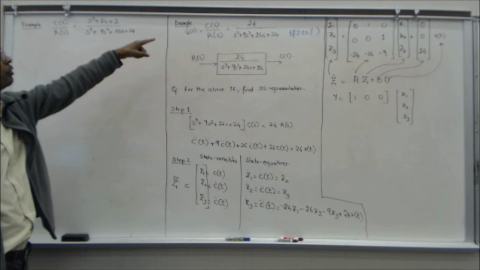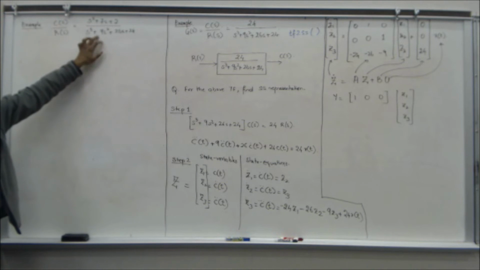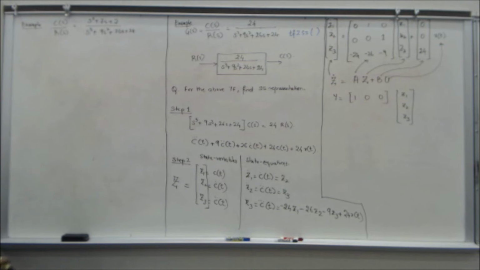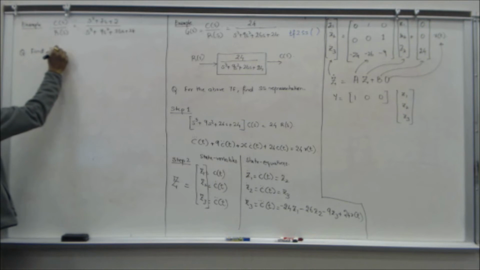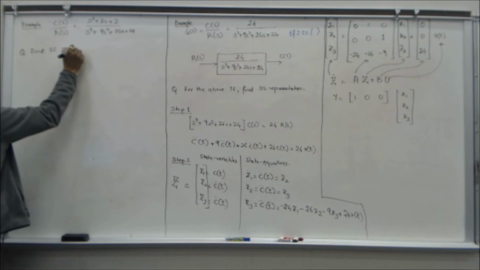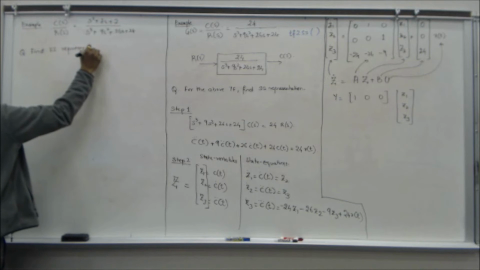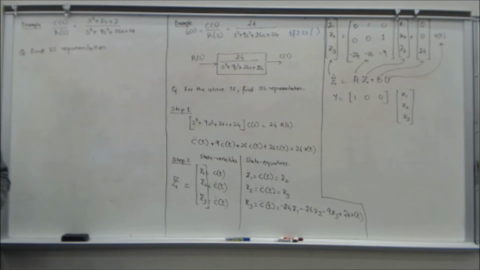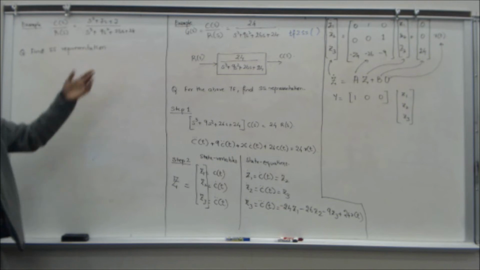That has a constant numerator. Here the numerator is a polynomial. So it will change a little bit. The question again would be: find the state space representation. If you get something like this, it will carry more points, and you can definitely score all those points.